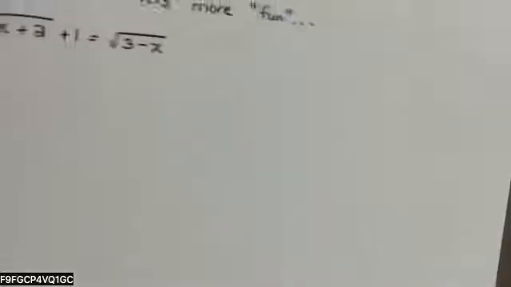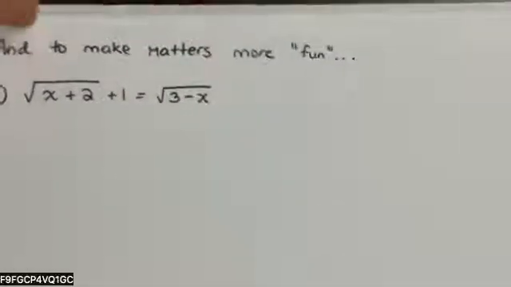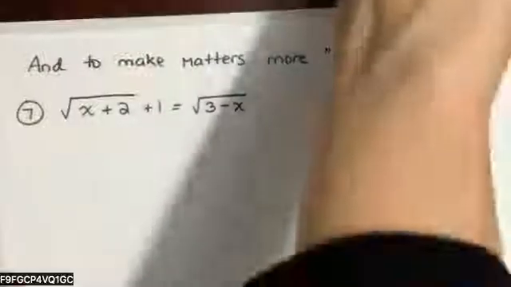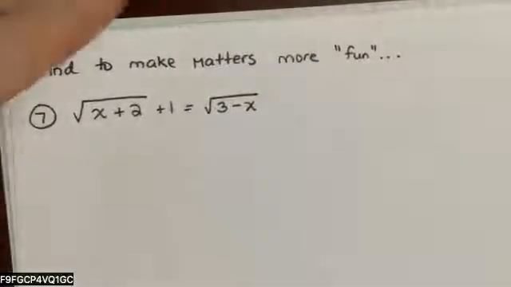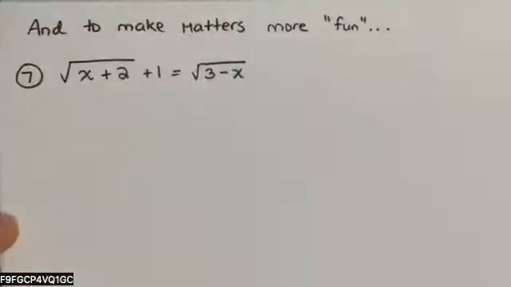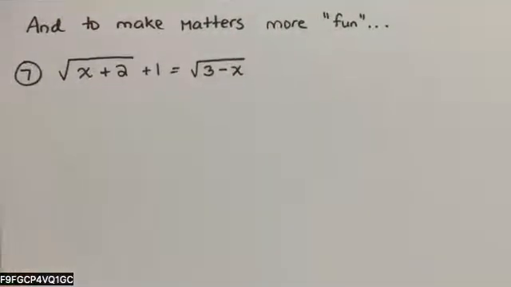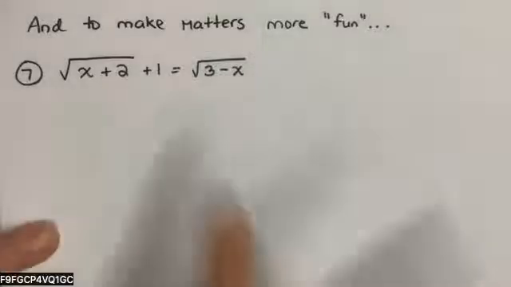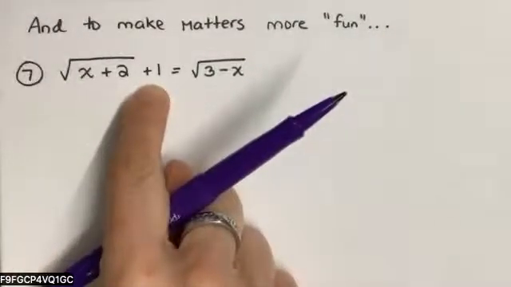All right, so just when you thought things weren't fun enough, how about we make it even more fun? Yes, more fun, way more fun. Let's take a look at this one. You might say, but that's two radicals and they have different things and there's a +1.